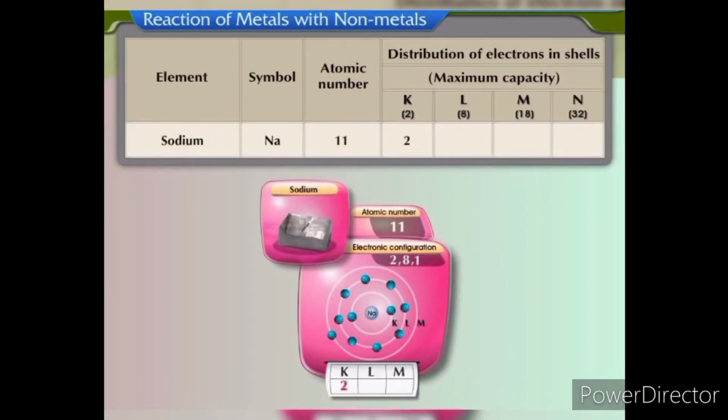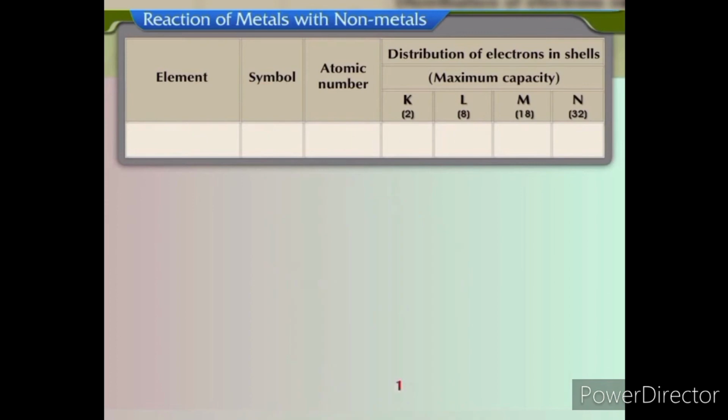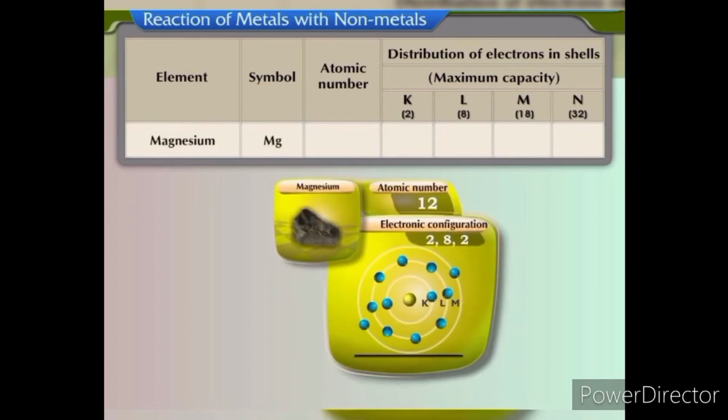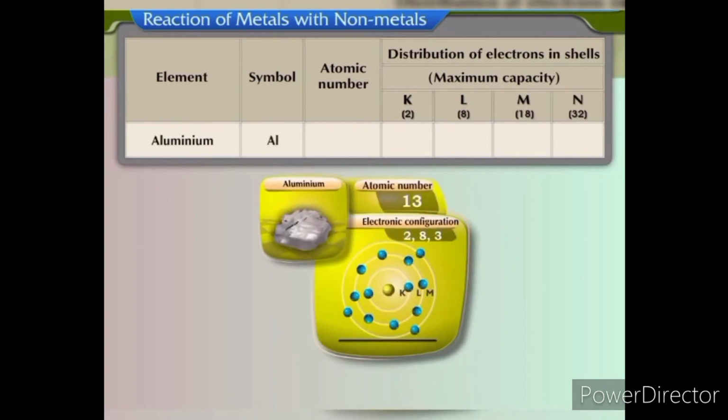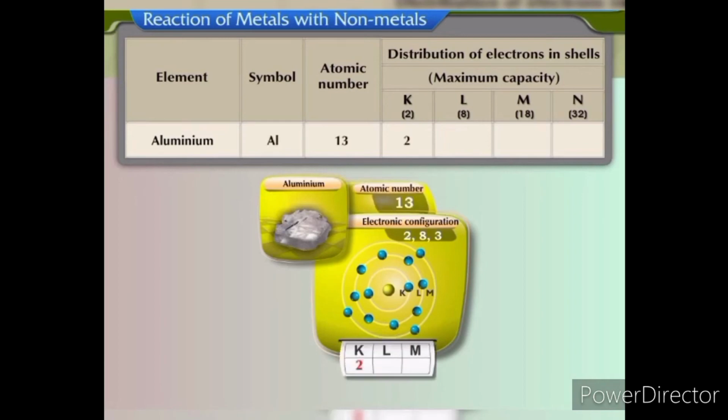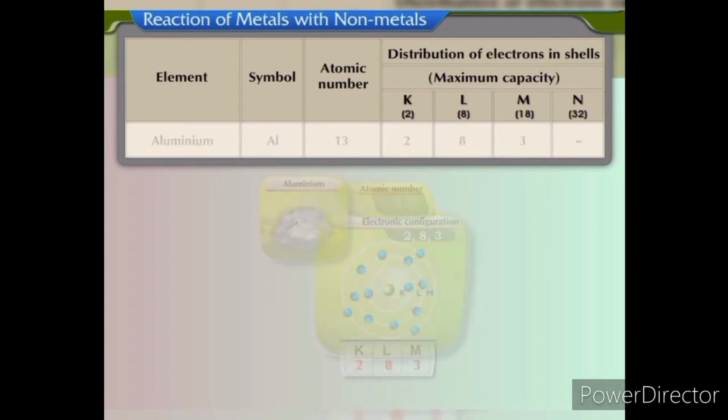There are 2 electrons in the K shell, 8 in the L shell, and 1 in the M shell. Magnesium, Mg, atomic number 12: 2 electrons in the K shell, 8 in the L shell, and 2 in the M shell. Aluminium, Al, atomic number 13: 2 electrons in the K shell, 8 in the L shell, and 3 in the M shell.